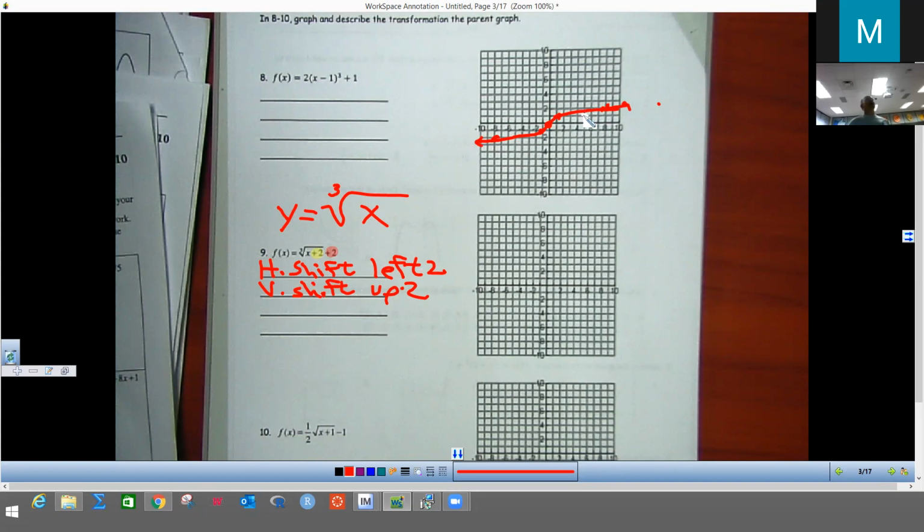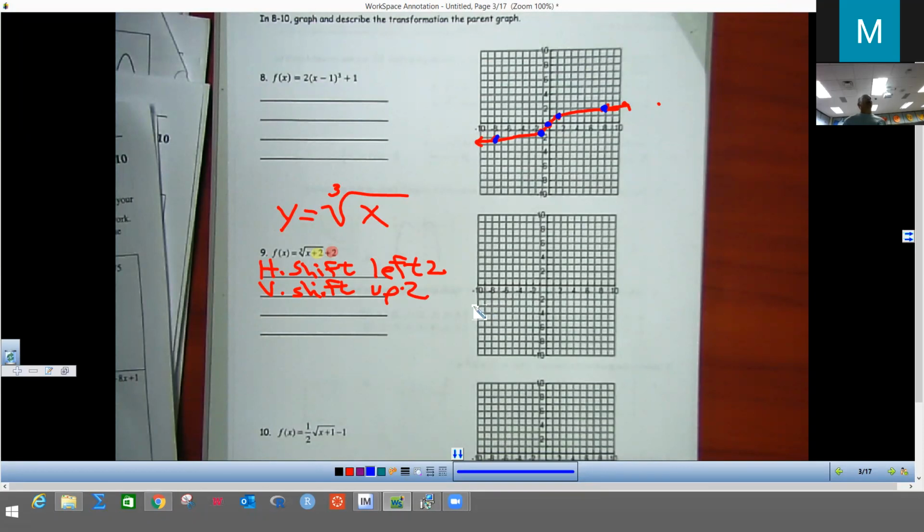So then I've got to take all these points that I just put on there. I'm going to put them in a different color here. All these points all move, and they all go left 2 and up 2. So I'm going to start with this one right here, (-8, -2).